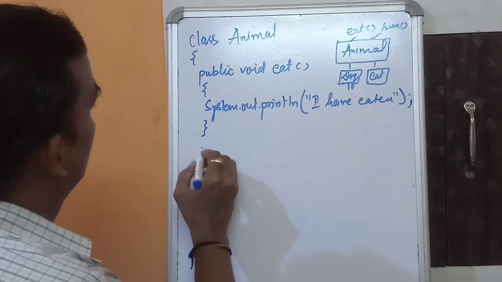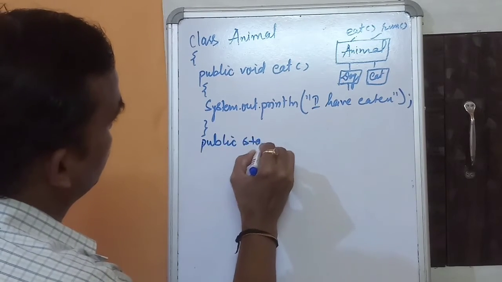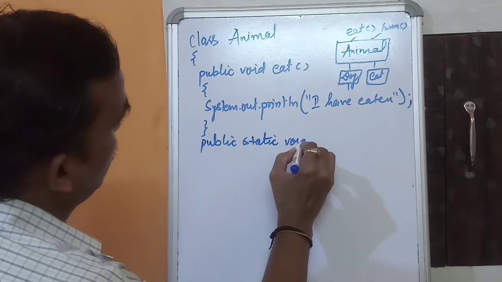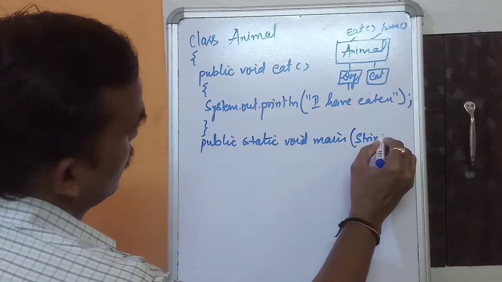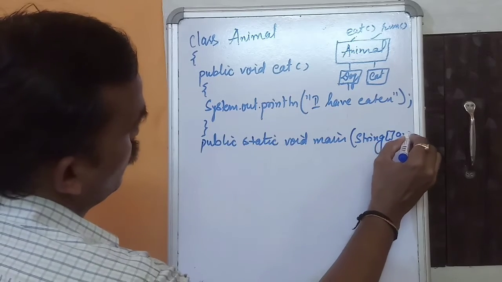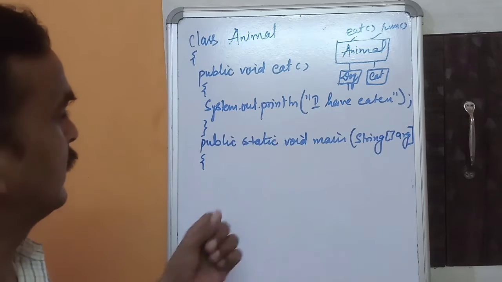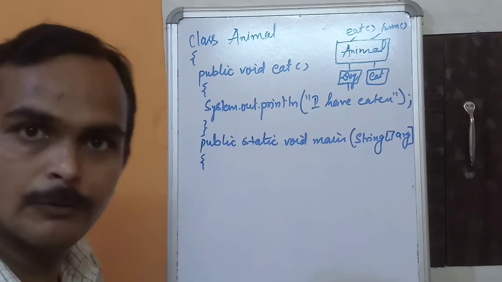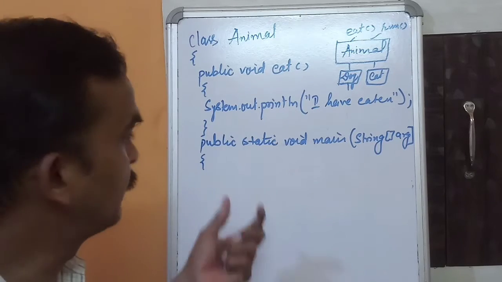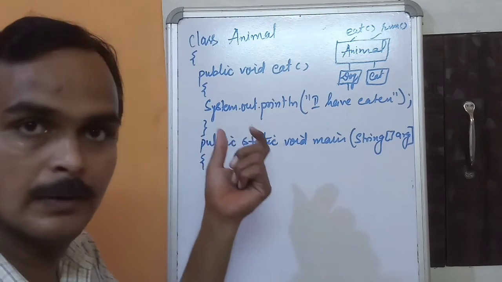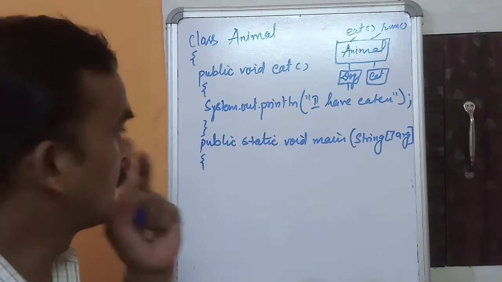After that we have the main method, public static void main, String args. In public static void main, this is the main method. Whatever we want to print in the program, in the given class, we have to mention all these printing statements in the main method.